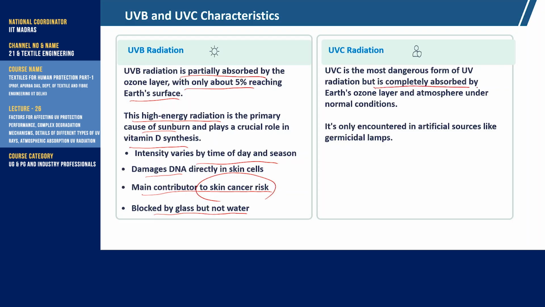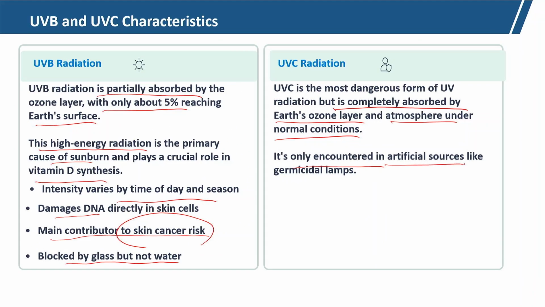It is completely absorbed by the earth's ozone layer and atmosphere under normal conditions. It is only encountered in artificial sources like germicidal lamps. In those cases we should stay away from this type of lamp where germicidal activities are taking place, because there UVC is created.